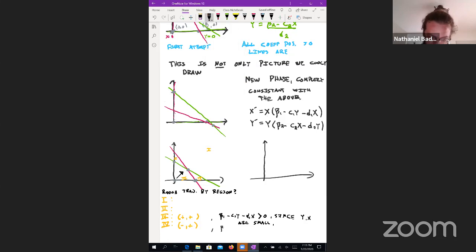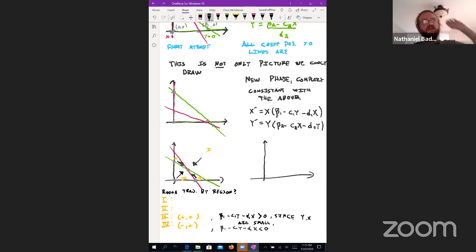So here, beta 1 minus C1y minus D1x is less than 0. This condition flips and we get the negative. Okay. And then moving around, we get that this is going to be negative and this is going to be positive.